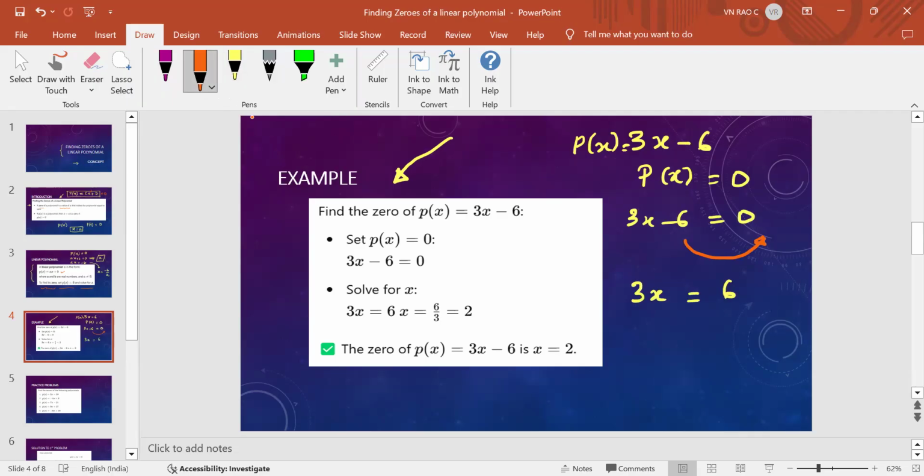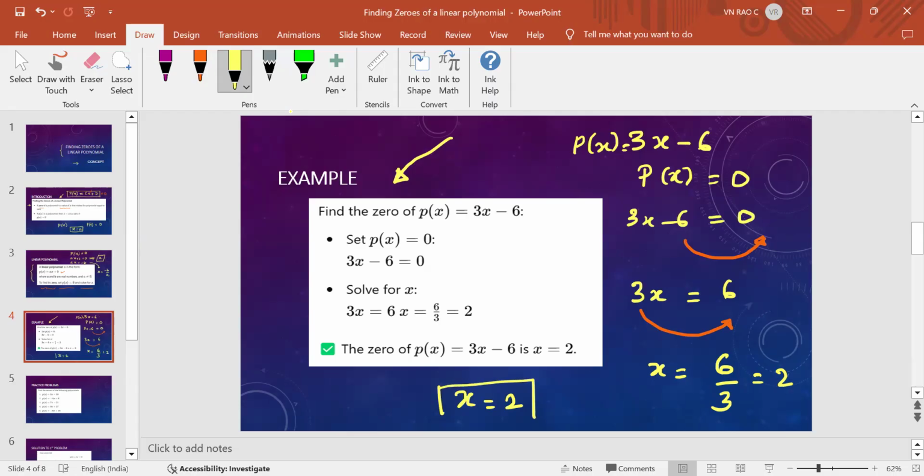Then the 3 goes to the other side, so x is equal to 6 divided by 3, which is 2. So the zero of the polynomial is x is equal to 2. This is the simplest form.